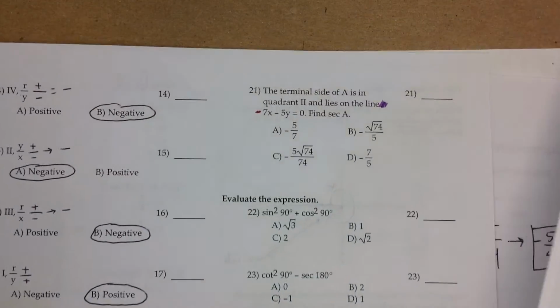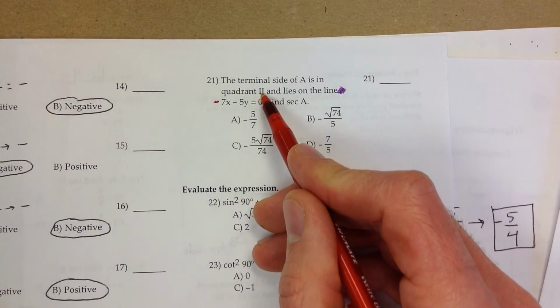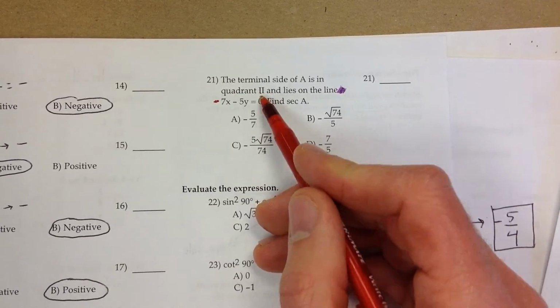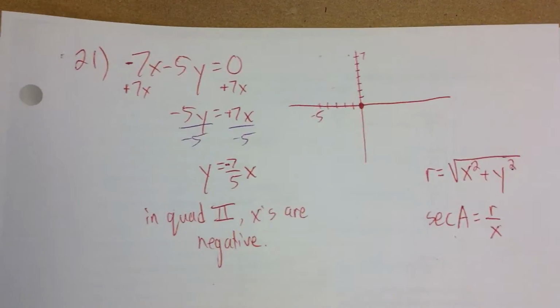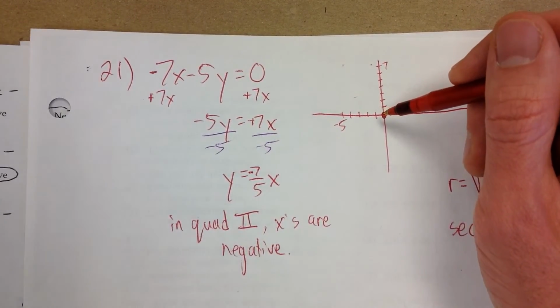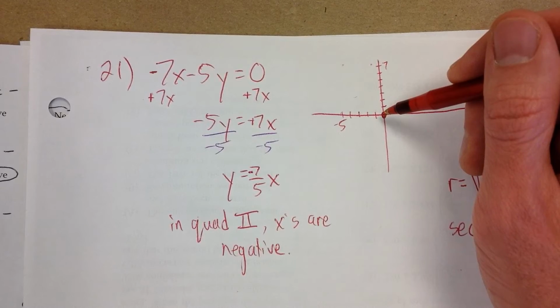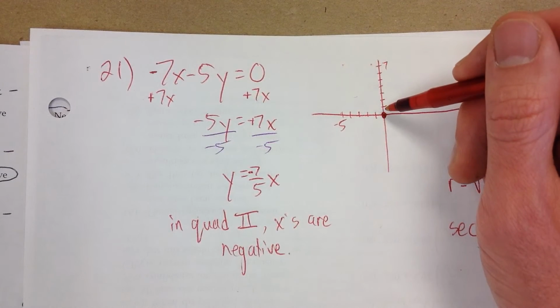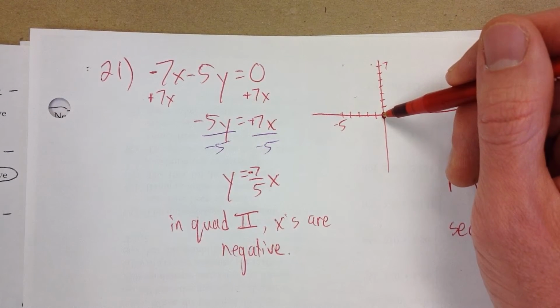Because they dictate to you that it has to be in quad 2. Can you give the negative to either one? Yes, but you have to end up here. If I gave it the -7 one, I would do -7 there.